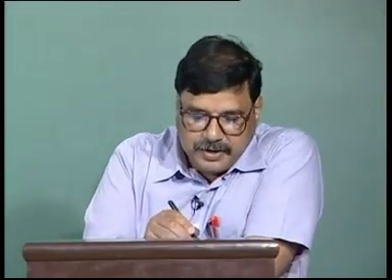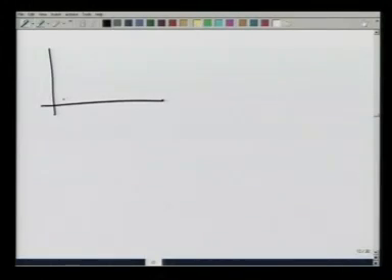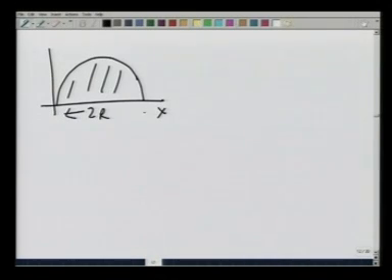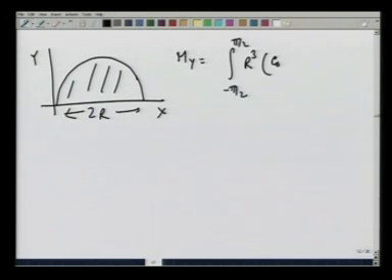So, I have for the semicircle of diameter 2r, m y equals integration minus pi by 2 to pi by 2 r cubed cosine square theta minus sin theta cosine square theta d theta.